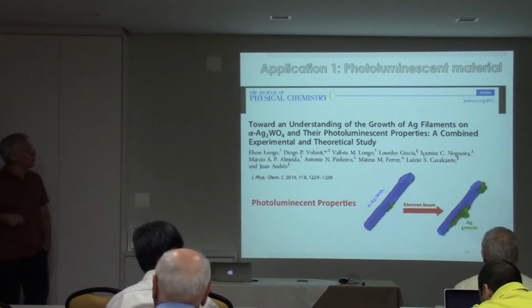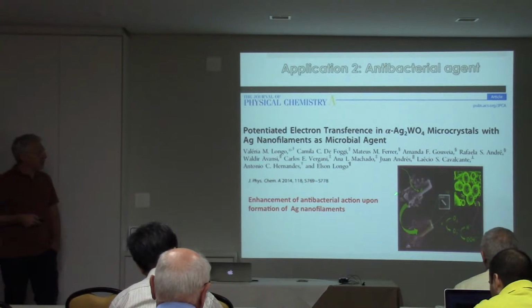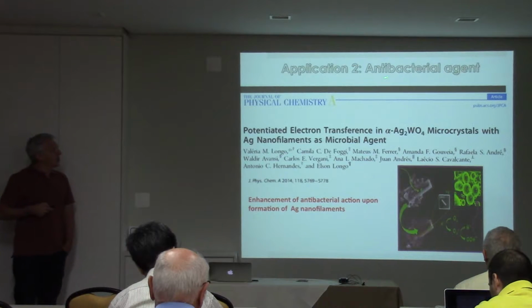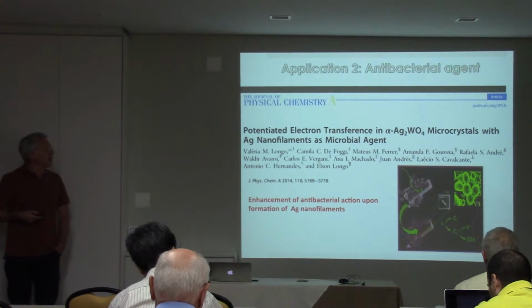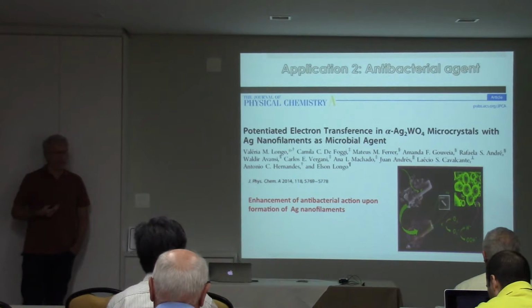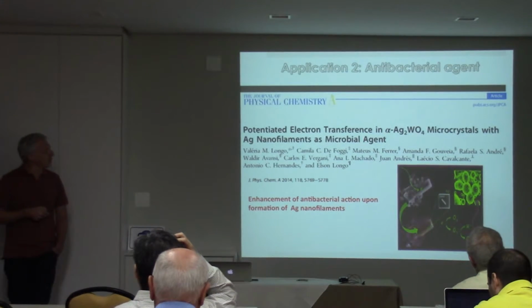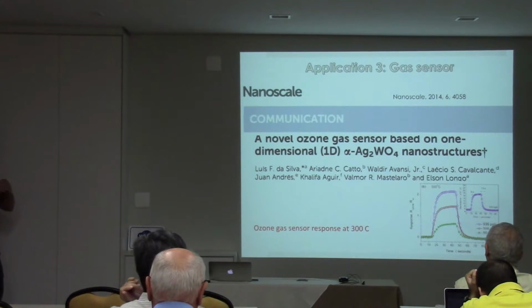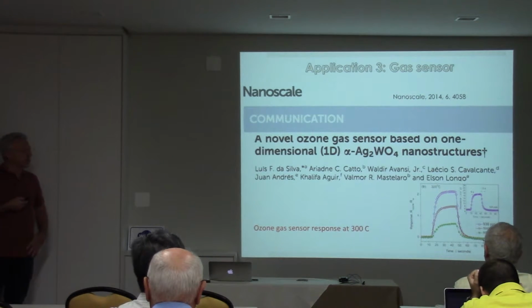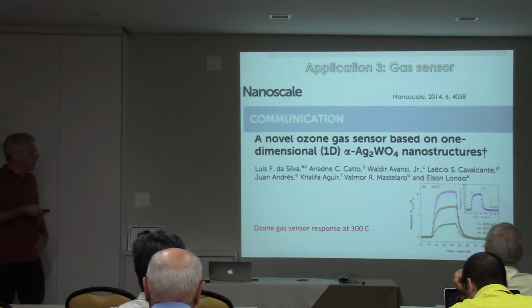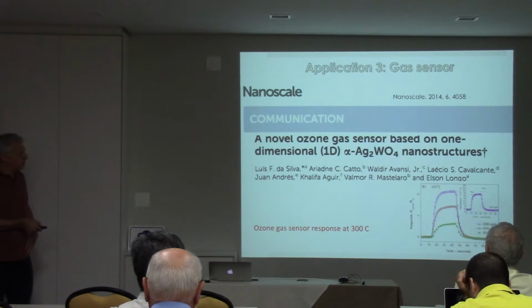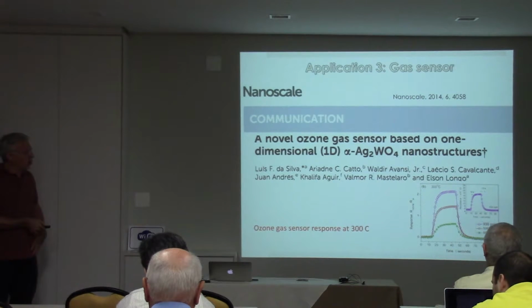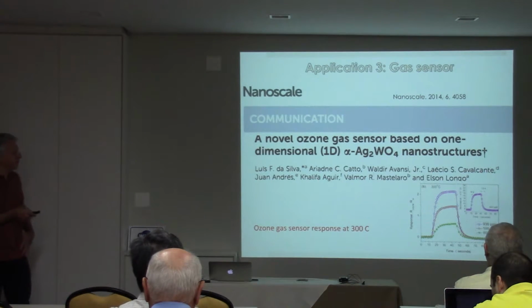So this is a photoluminescent material, but after the silver growth it can also act as an antibacterial agent. So it has a very interesting behavior in this sense because of the silver filament. And another application is as an ozone gas sensor. It has a very nice behavior, even detecting very low concentrations of ozone.